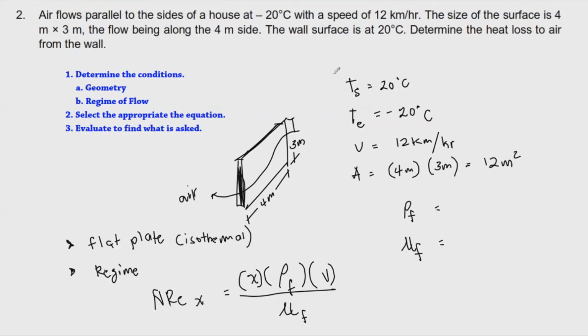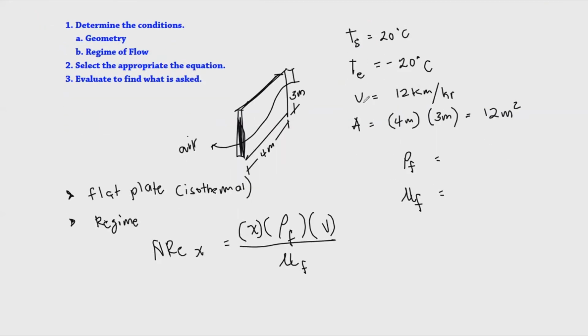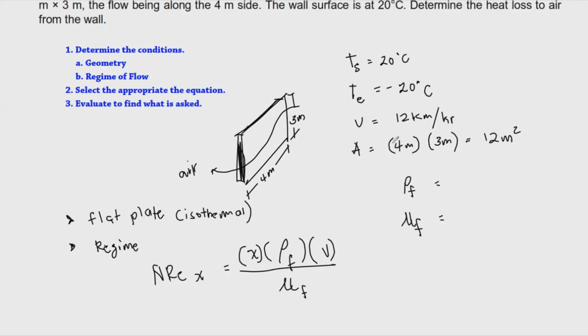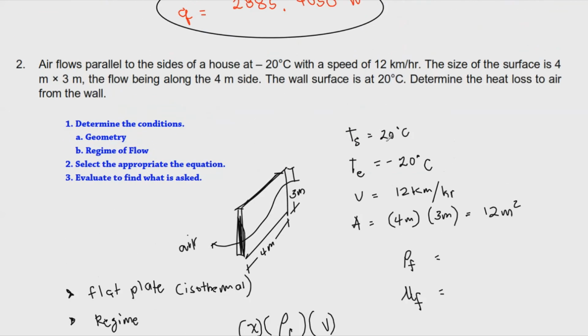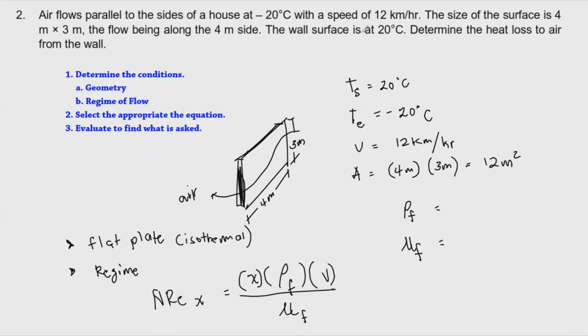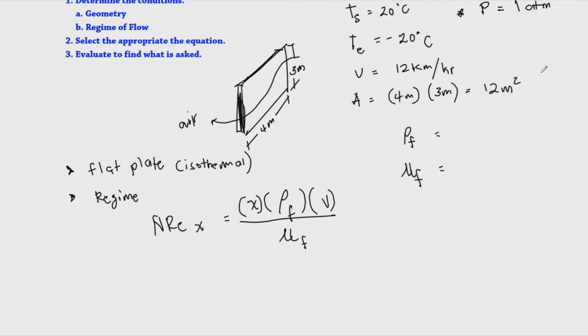Remember, in our previous problem there was a pressure given, but in this case we're not given the pressure, and we need it to eliminate some degrees of freedom and find what we need. Since it's not given, there are probably two assumptions we can make: the air is saturated, or P is equal to 1 atmosphere. These are just the two cases: saturated air, and pressure at 1 atm.